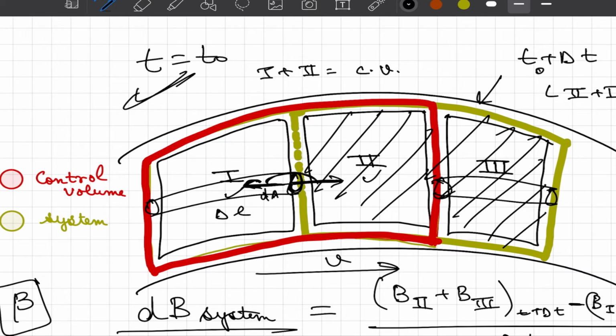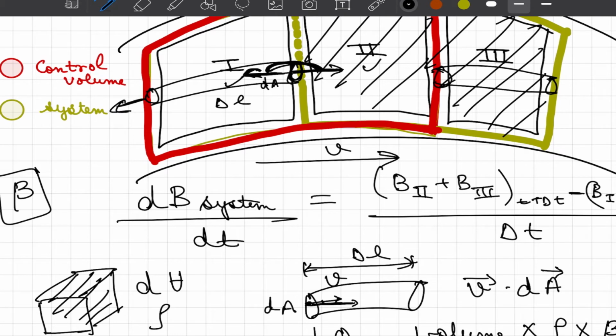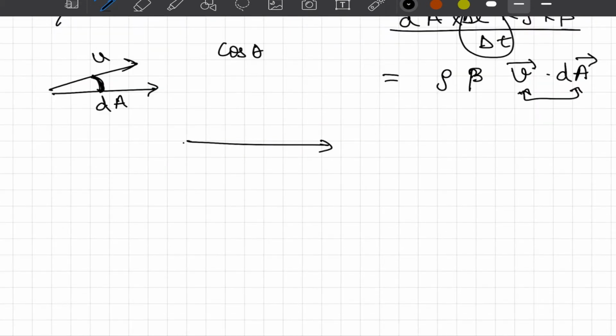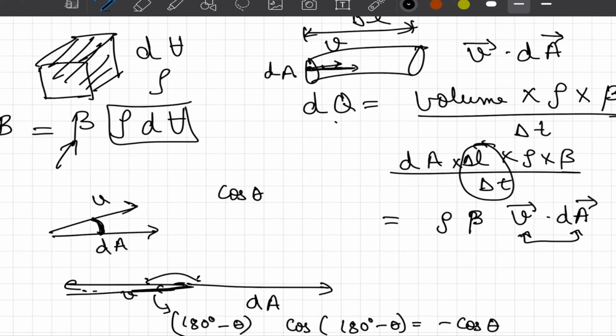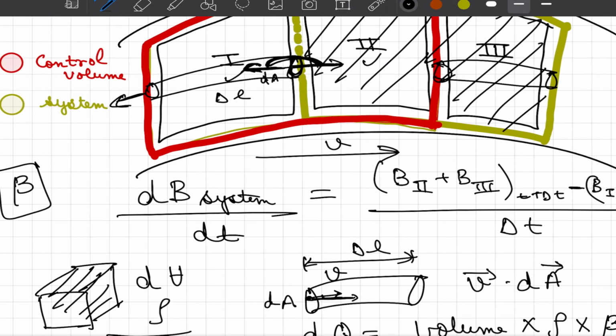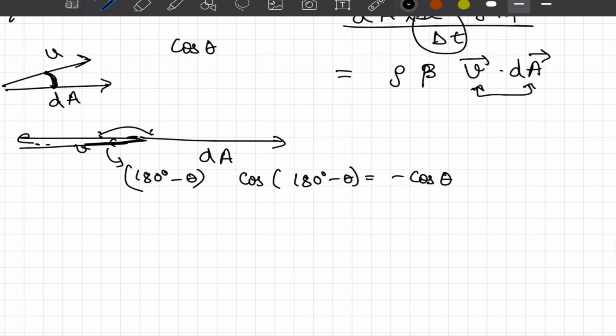If we have to calculate the dot product in this case, where this is dA and this is V, we have to look at the angle, which would be given by 180 degrees minus theta, and we know that cos of 180 minus theta is equal to minus cos theta. Hence, for elements that are on the left side of our control volume, we can write this expression as rho beta V dA with a minus sign.